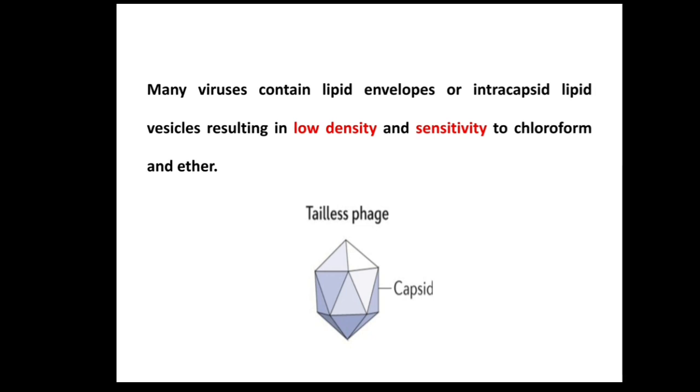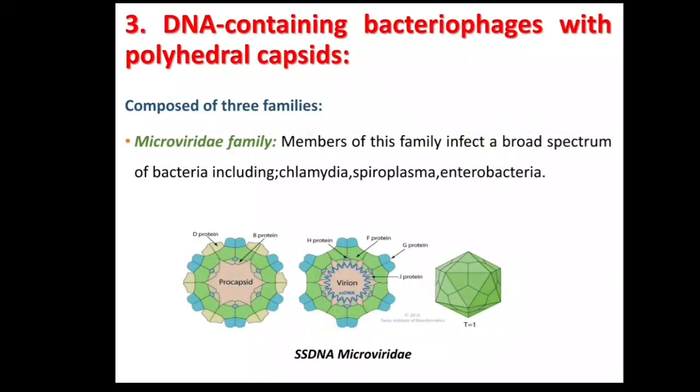They have low density and sensitivity to chloroform and ether resulting from lipid envelopes or intracapsid lipid vesicles in many viruses. In this picture, this is the tailless phage, which is surrounded by the capsid.